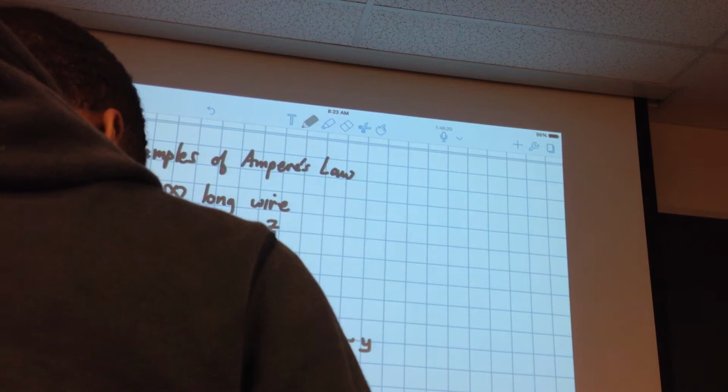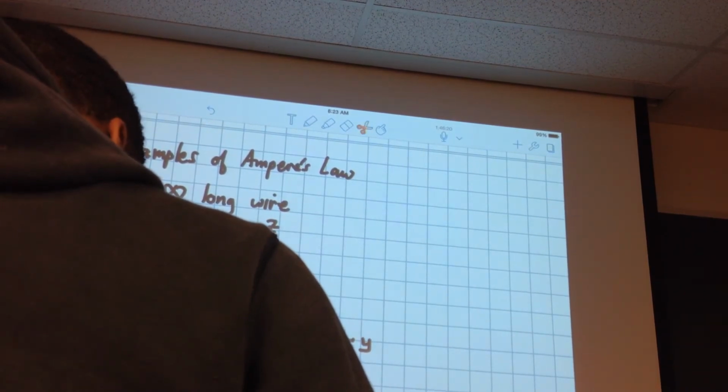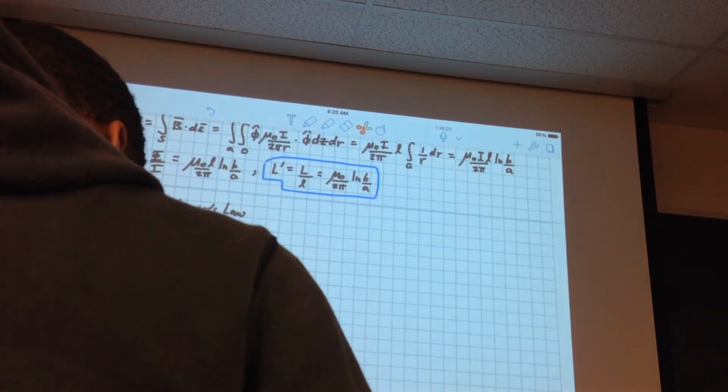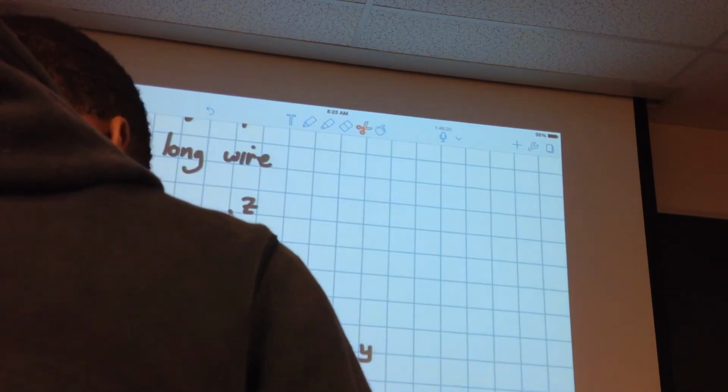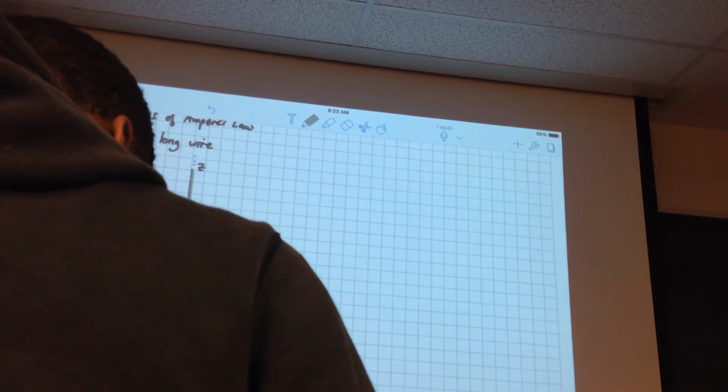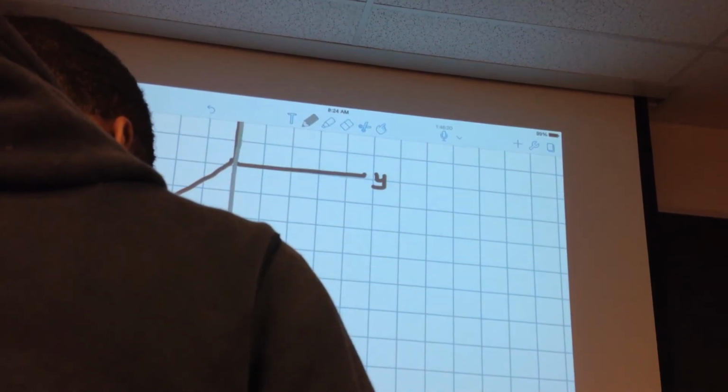So it goes up and down your z-axis infinitely. So it's really long. In a practical sense, we just mean that the wire is really long.